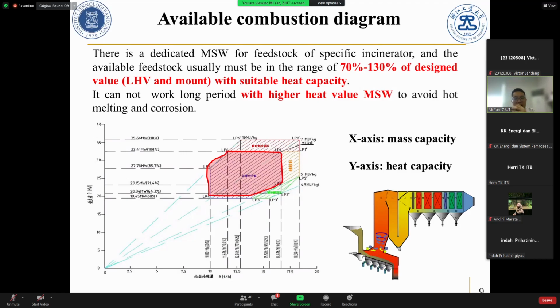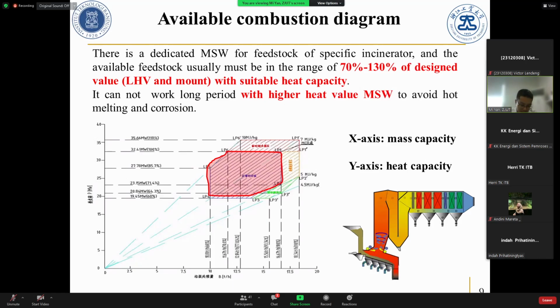So for the design, we have some experience. If we design, for example, the design feed, the design MSW, at 1500 kcal per kg, that means we can also burn some different MSW, because MSW is changing and fluctuating.